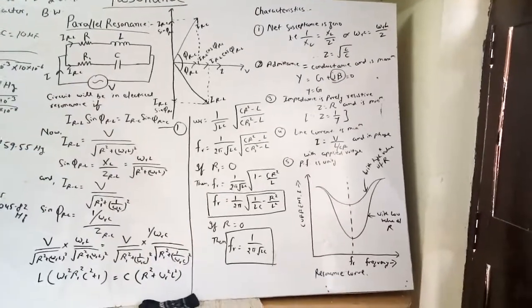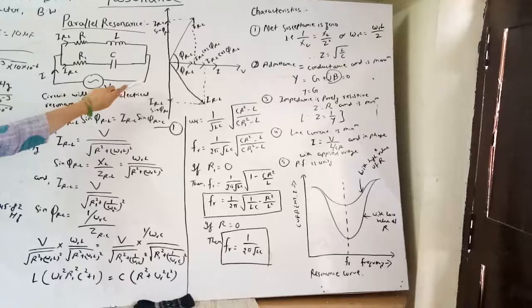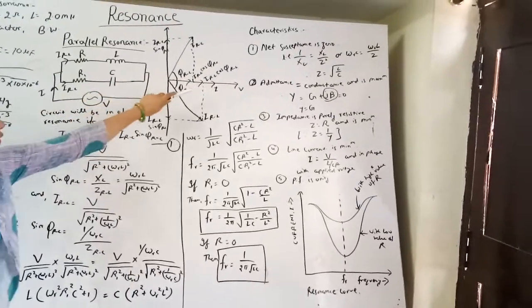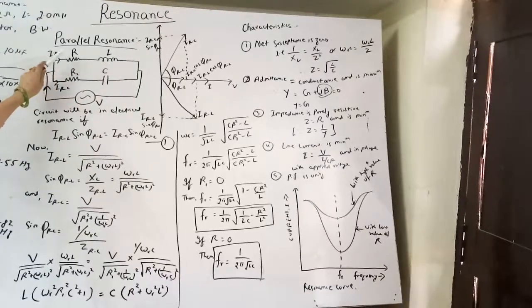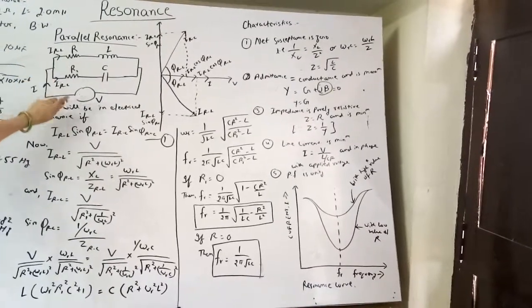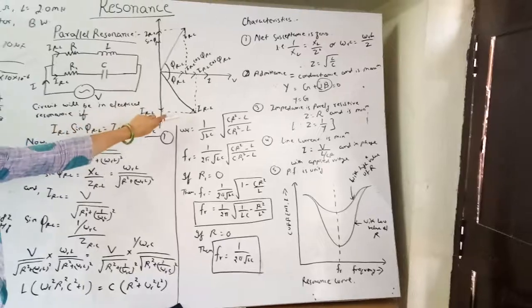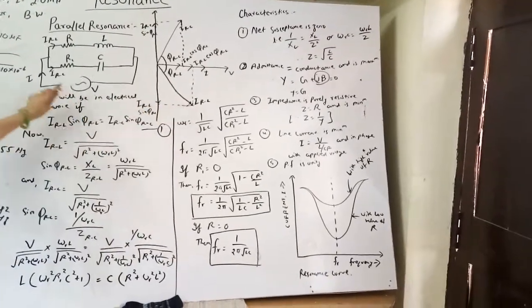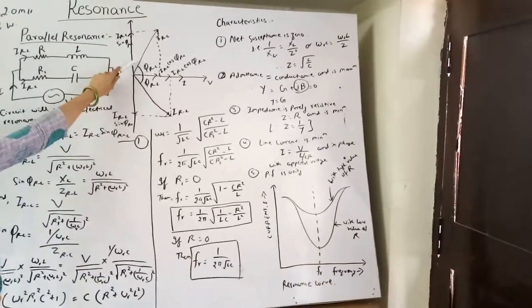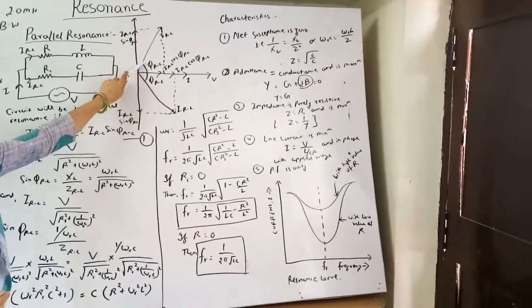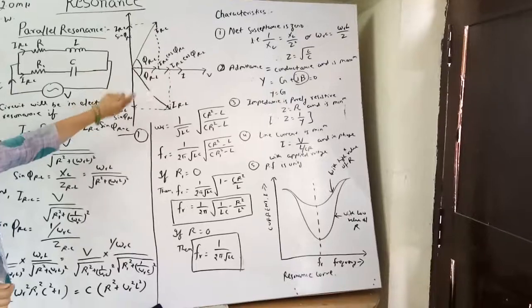From the phasor we can see that V is your reference and IRL is lagging with this voltage. Here is your lagging IRL and IRC is leading with this voltage. It is leading with angle phi RC.